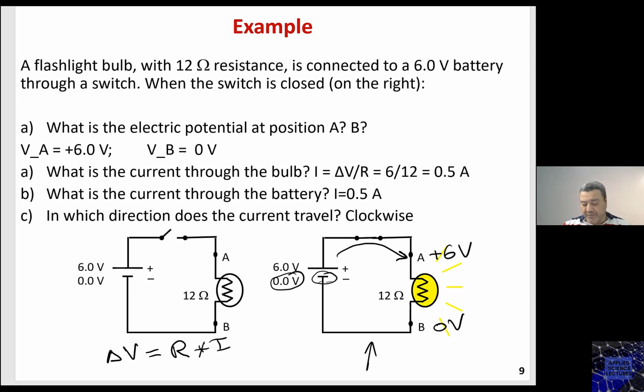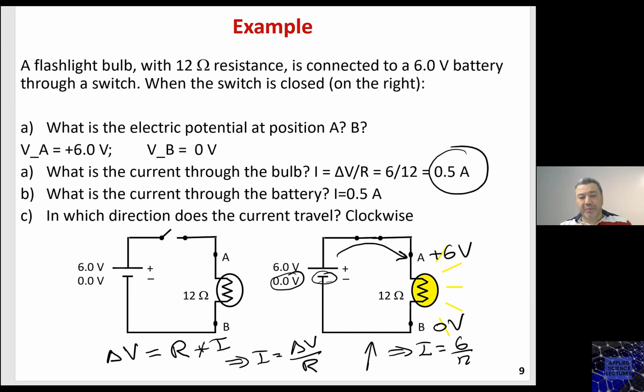We have a light bulb that has a 12 ohm resistance, and it has a potential difference across it of 6 volts, which means the current equals the potential difference divided by the resistance. In this case the current I would be 6 divided by 12, and this is 0.5 ampere.